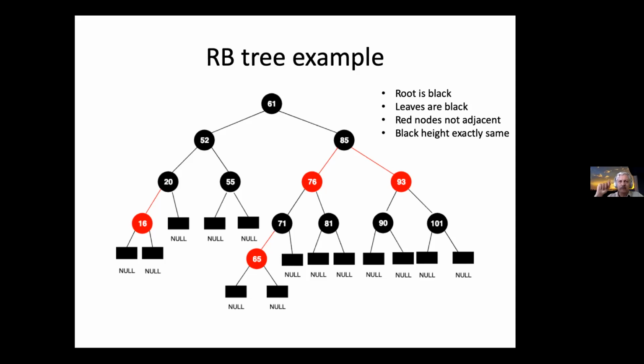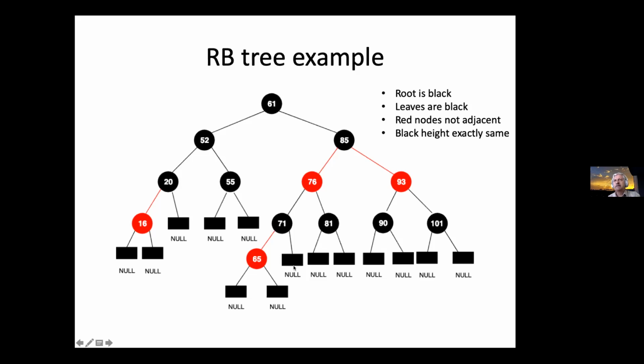In this example, regardless of which path you take from the root to a leaf, you'll encounter 3 plus 1, 4 black nodes along the way. And you can verify this for all the nodes in the tree.